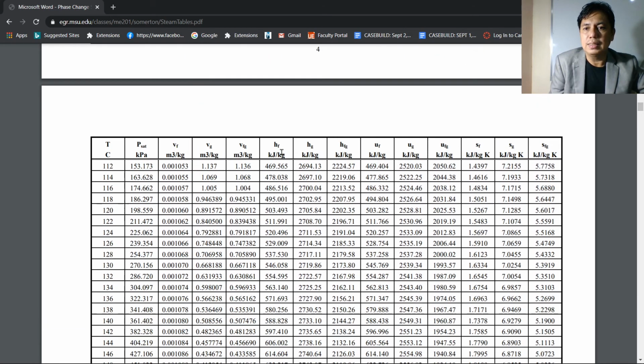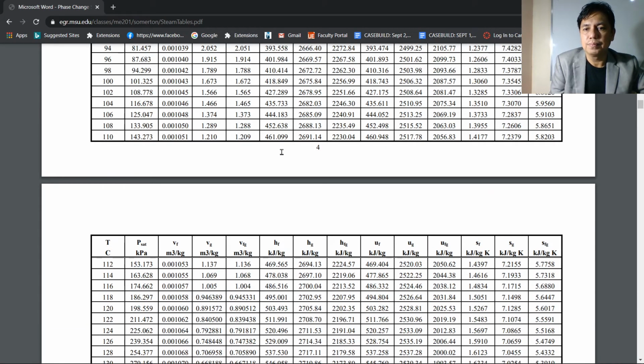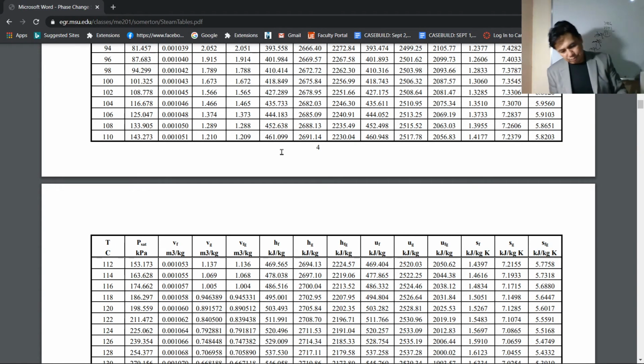Enthalpy of fluid at 115 degrees centigrade. So we will have that enthalpy of fluid at 115 centigrade. I have here in my notes it's 482.48.